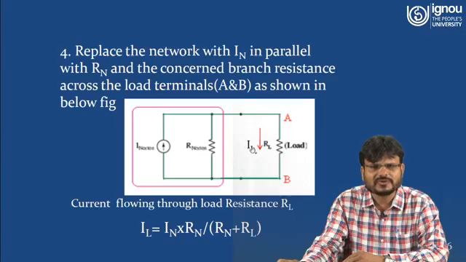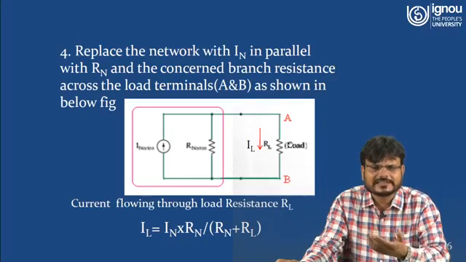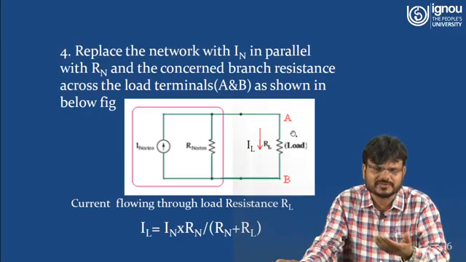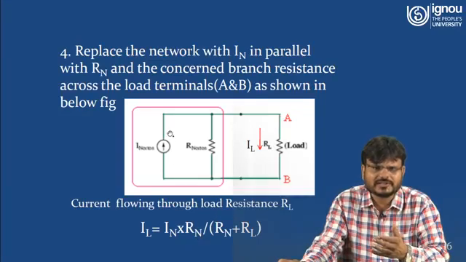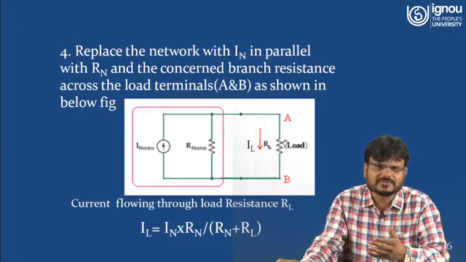So to calculate this current IL in the load resistance branch, just apply the current division rule. The current division rule states that in whichever branch you want to calculate the current, multiply the total current by the resistance of the opposite branch. The opposite branch of the load resistance is the Norton resistance.